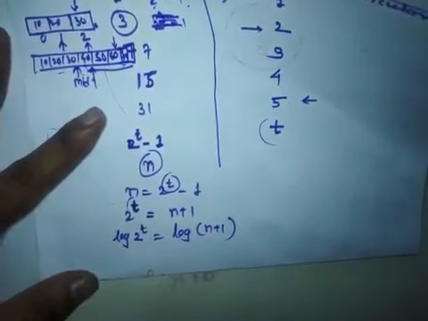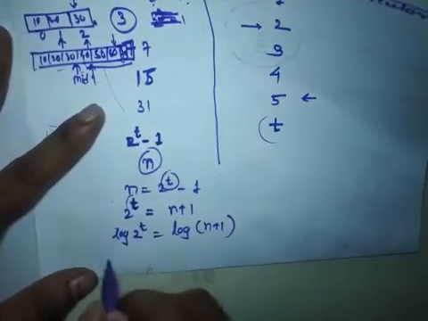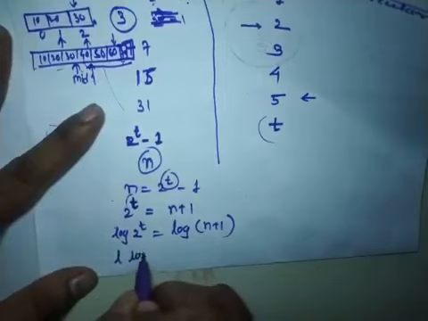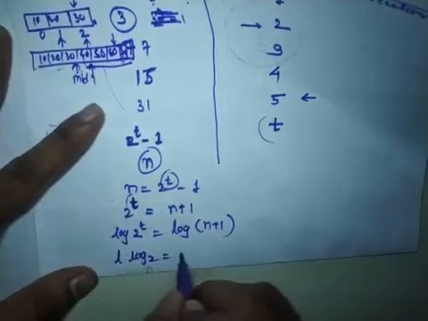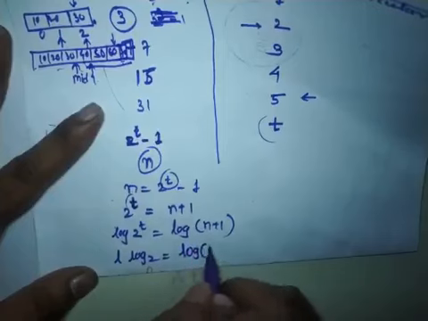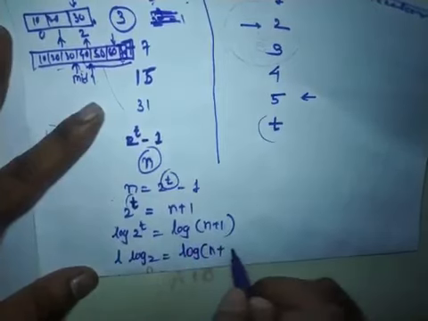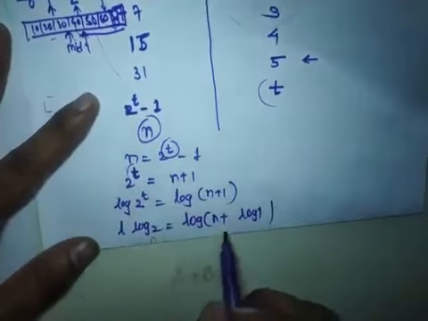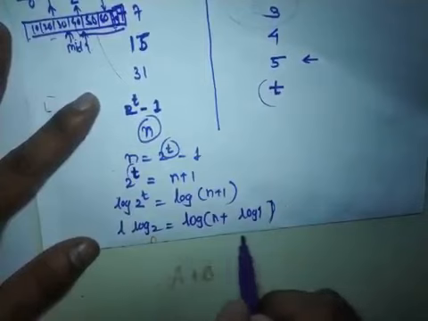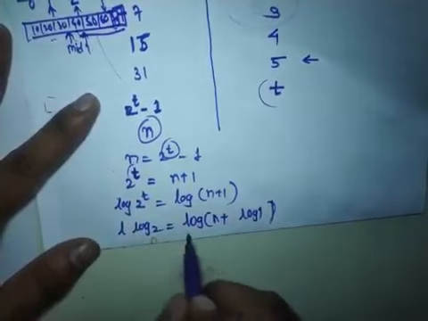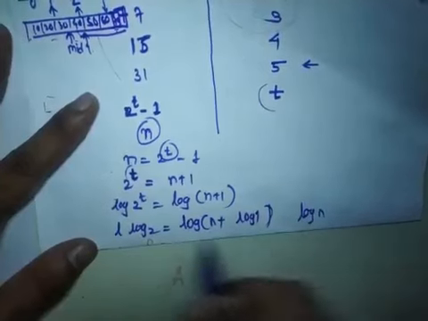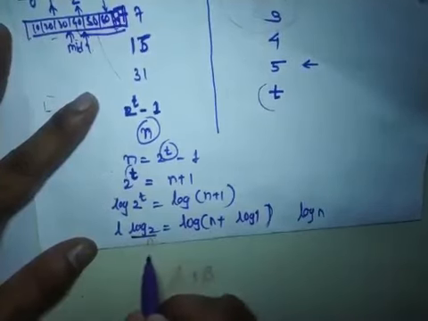Now this t will come down when taking log on both sides. So t into log 2 is equal to log of n plus 1. Finally, log 1 is equal to 0. Here we get log n only, and log 2 to the base 2 is equal to 1 again.